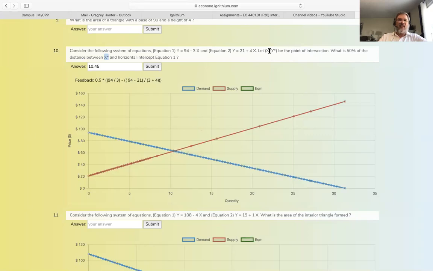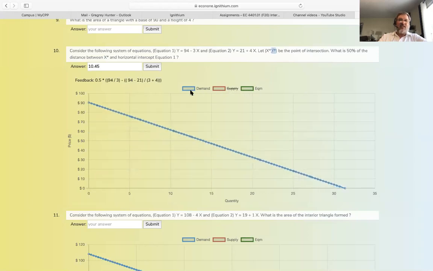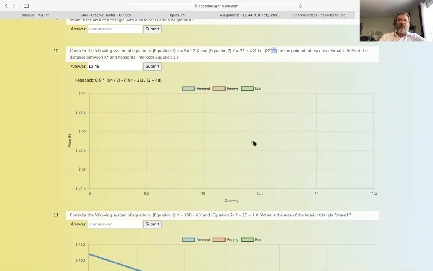So this is giving the X value and the Y value for the point of intersection, which is our equilibrium point, right? So X star is 10.43 and Y star is 62.71. Does that make sense? Oh, okay. There you go. All right, got it.